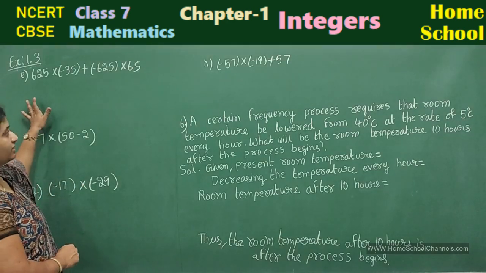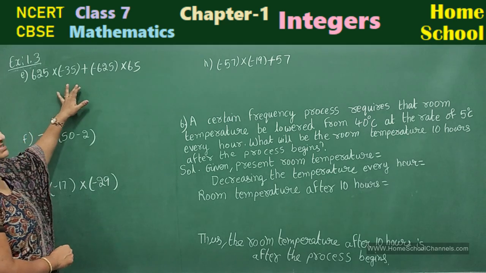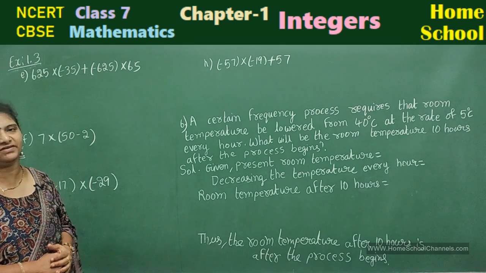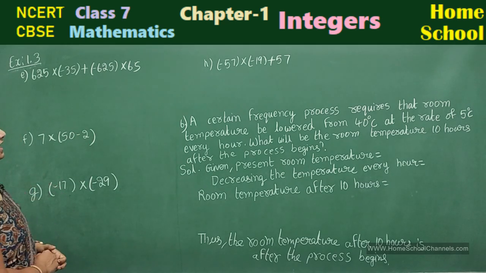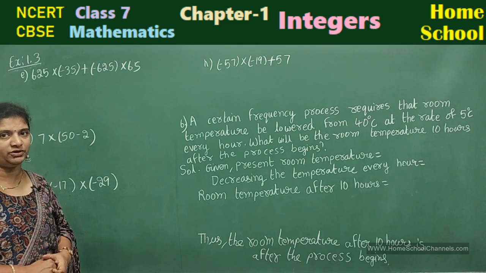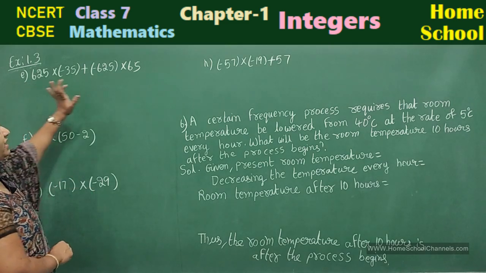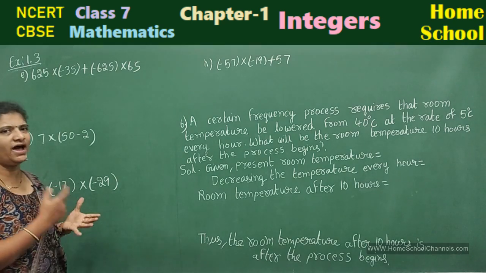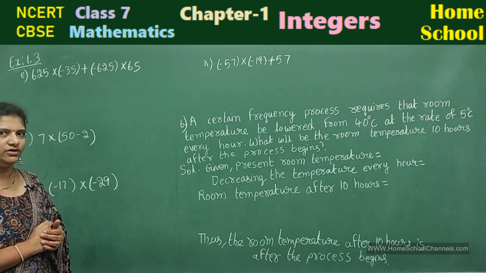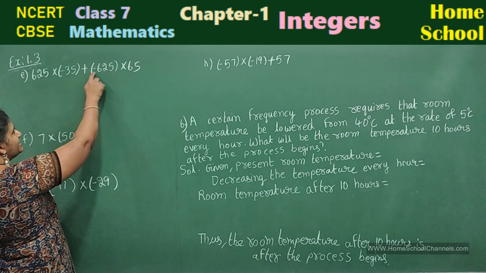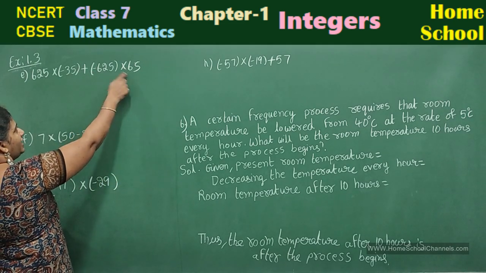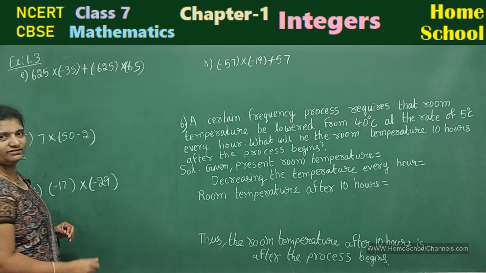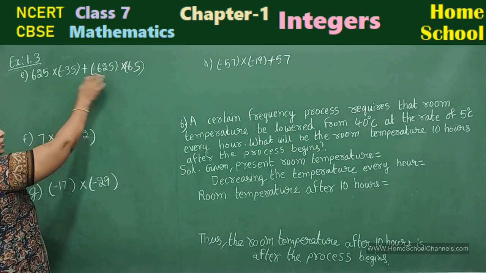Next one, E. 625 into minus 35 plus minus 625 into 65. So which property can I see? If I feel it is distributive, it should be 625 and this should be 625. I don't have a chance other than distributive. So let us change this minus, instead of for this minus, I may take it for this minus. Now 625 is common.